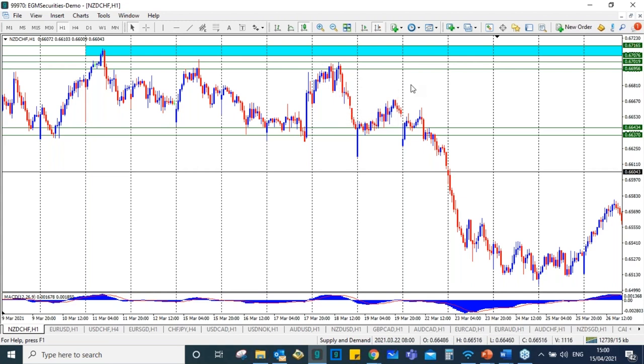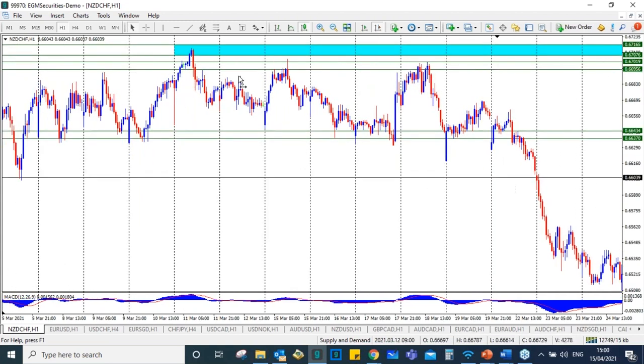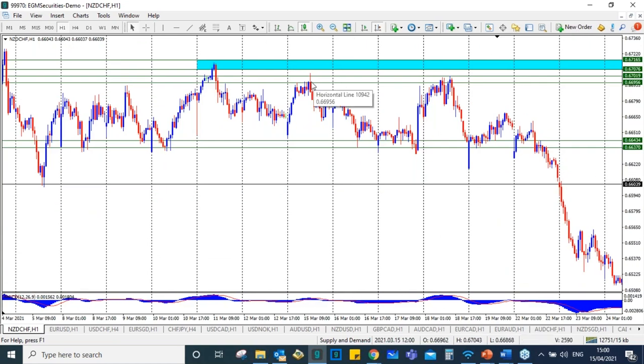Once you've placed your line, you will notice that if you check backwards, this area has been retested. This was actually a retest of this zone, because again, you can see that here we had two long candlesticks dropping from this level.